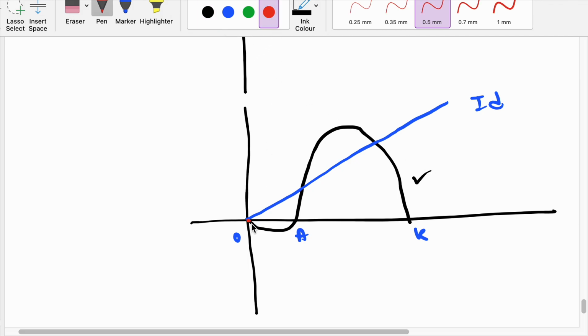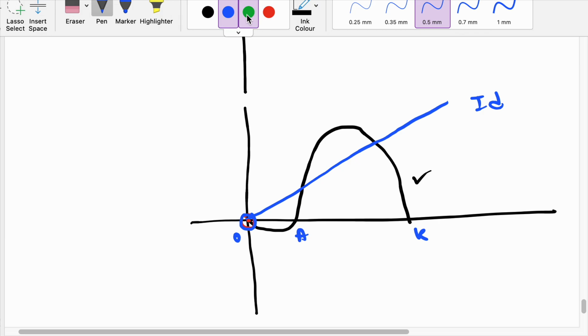First, the stability remains the same. If it was previously unstable, it remains unstable, and if it was previously stable, it remains stable. No change of stability here. But here you find that two fixed points will appear out of nowhere.